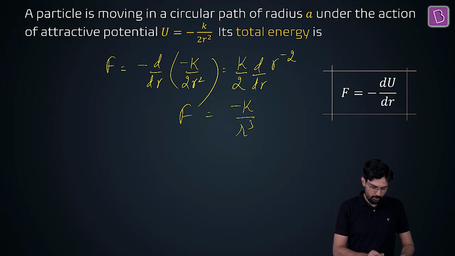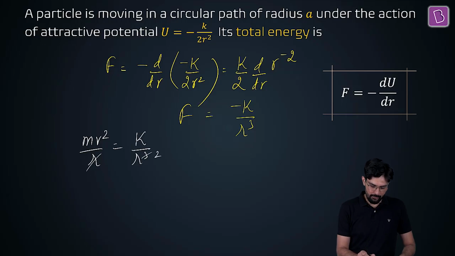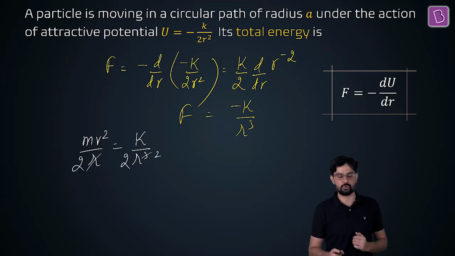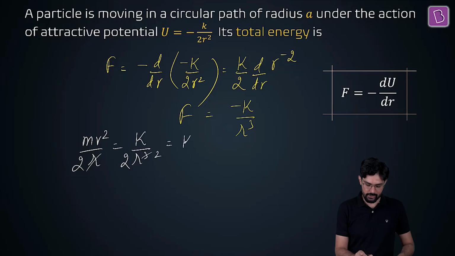So this force is providing the centripetal force, and we can say that mv square by r must be equal to K divided by r cubed. Correct? And from here you get the value of mv square by 2 as K by 2r square. And this is the kinetic energy.